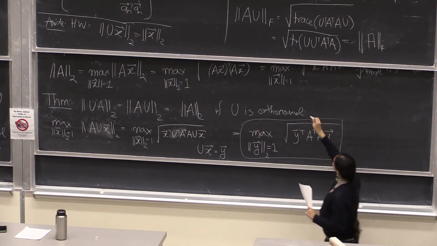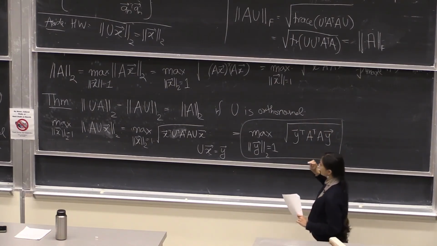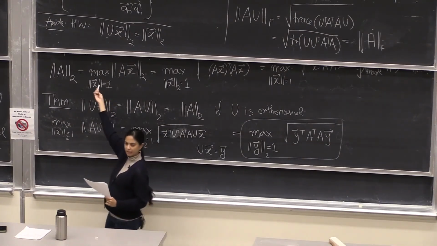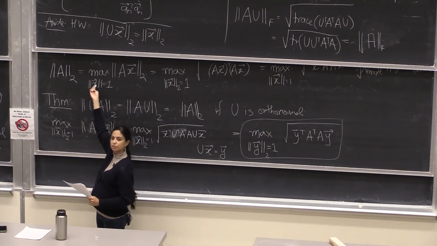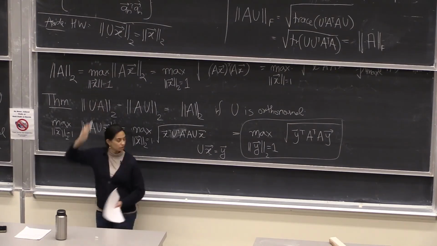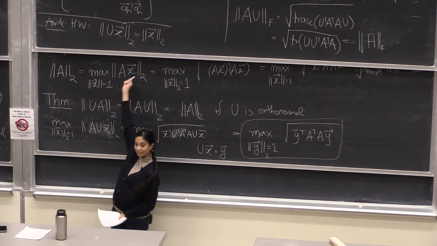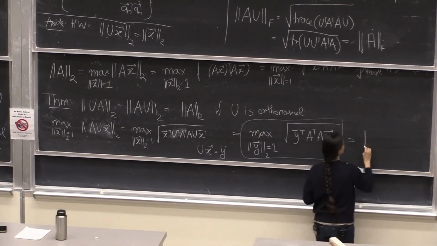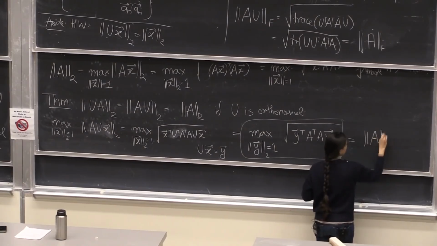When I write the definition of the 2 norm, does it matter if I call this variable gamma or gobbledygook or X or whatever else? Doesn't, right? It's just a dummy variable that I'm optimizing over. So is this thing exactly equal to this thing? Right? So therefore, this is again equal to the 2 norm of A.